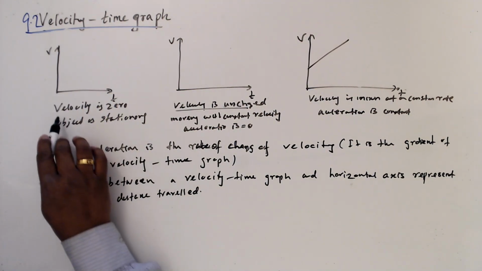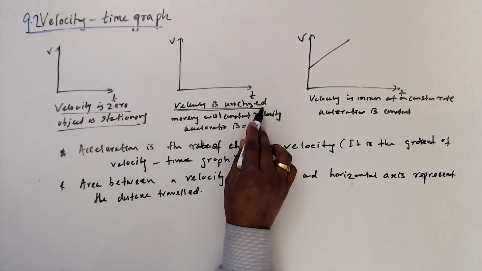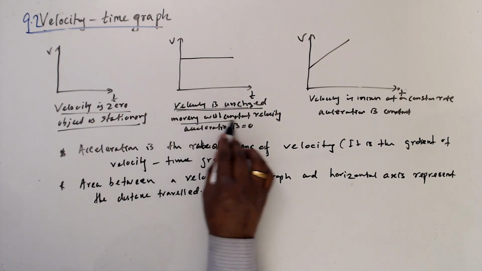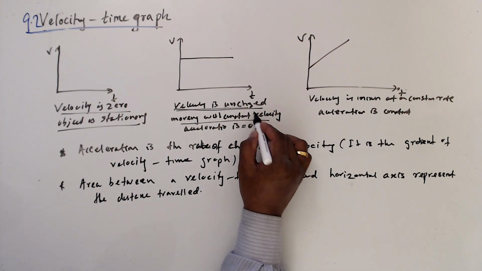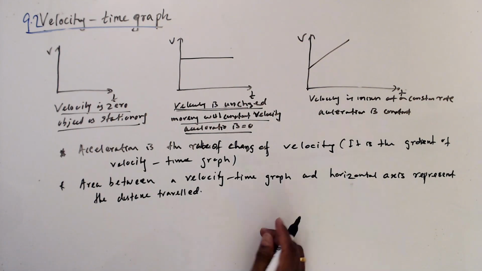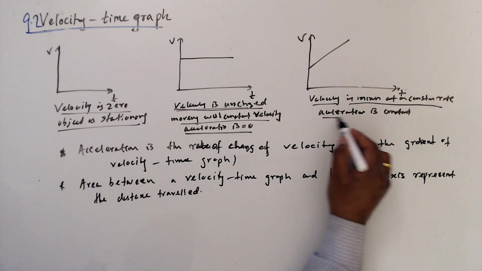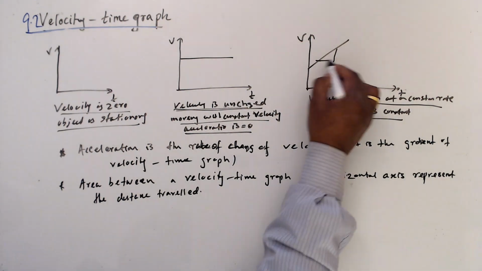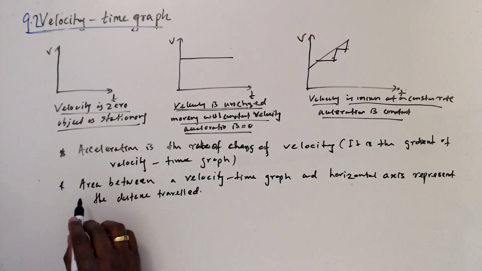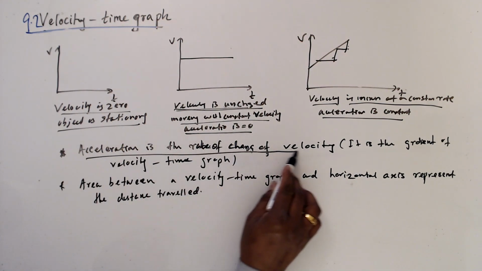Velocity is 0, the object is stationary. Velocity is unchanged, then it is moving with constant velocity, and the acceleration is 0. If velocity is increasing at a constant rate, then the acceleration is constant, where the gradient is the same. Acceleration is the rate of change of velocity.